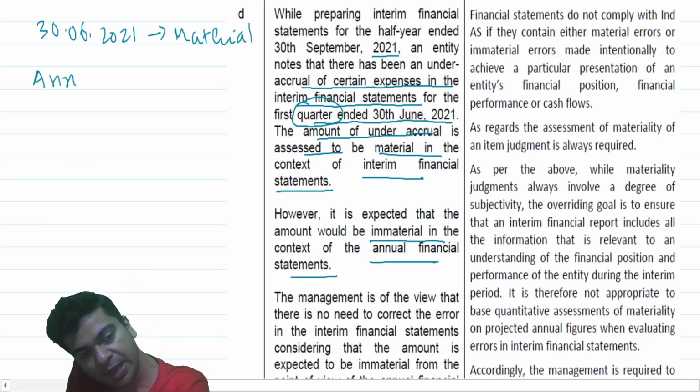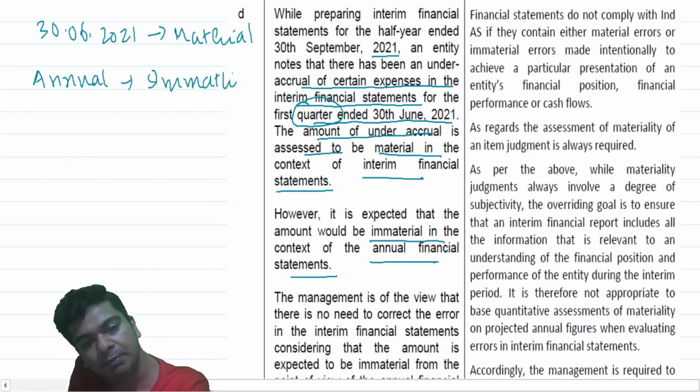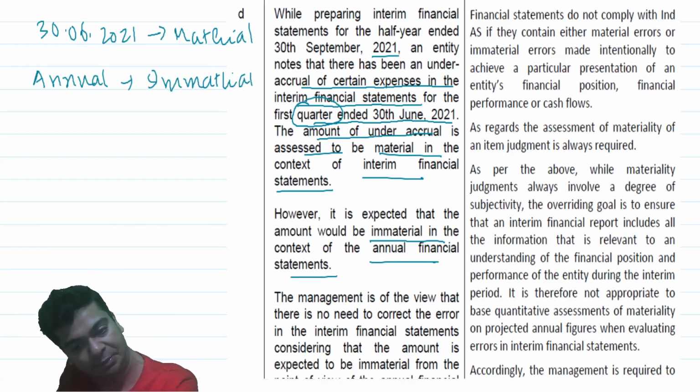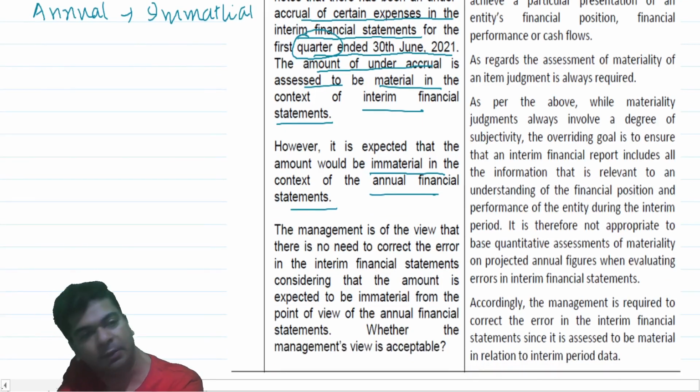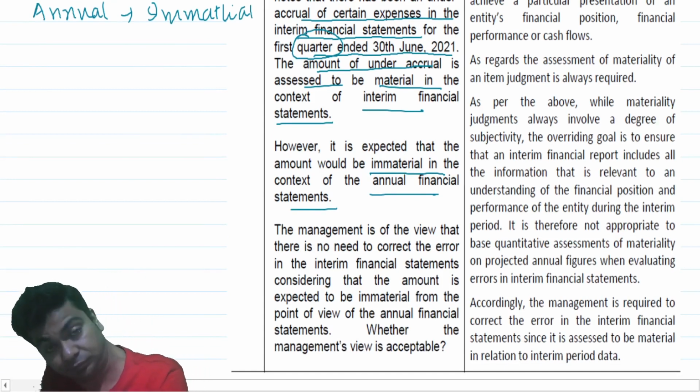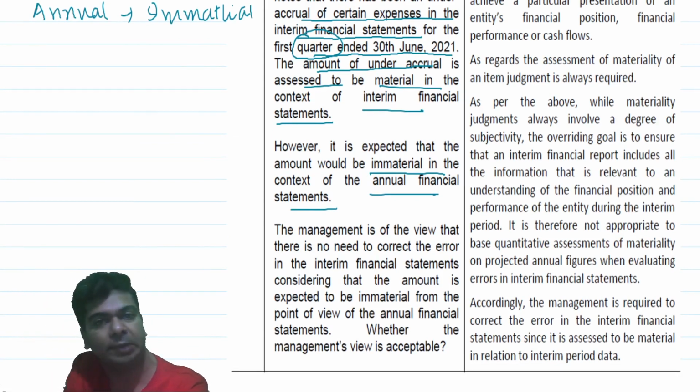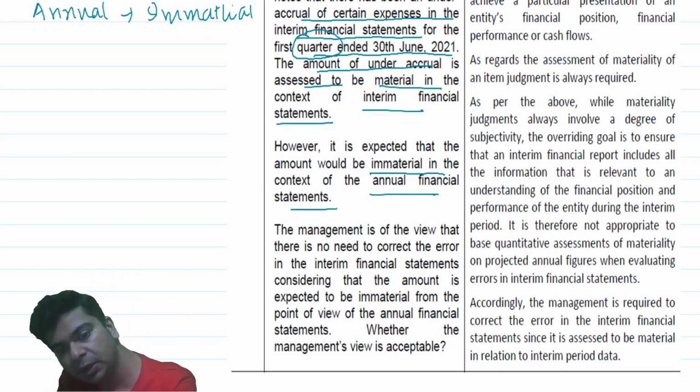When you will prepare annual financial statements, that same item will become immaterial. For a period of 3 months, it is a material item, but for a period of 12 months, it is immaterial. Okay. Question, of course, is becoming very clear, although we have not read the question. There is a disagreement over here for certain items to be material or immaterial. Annually, they are immaterial. Quarterly, they are material.